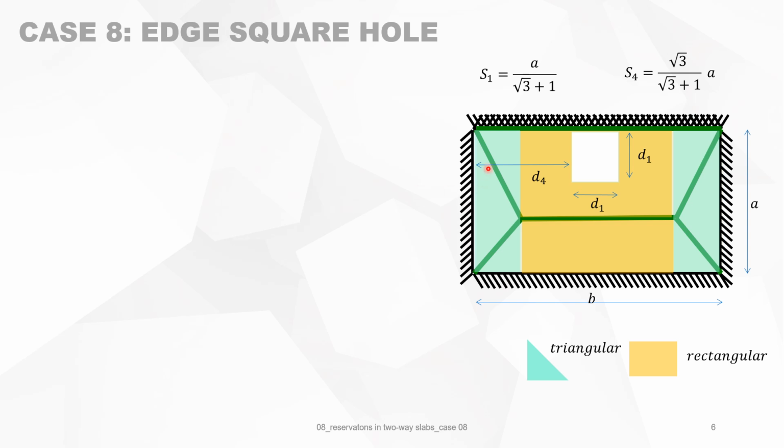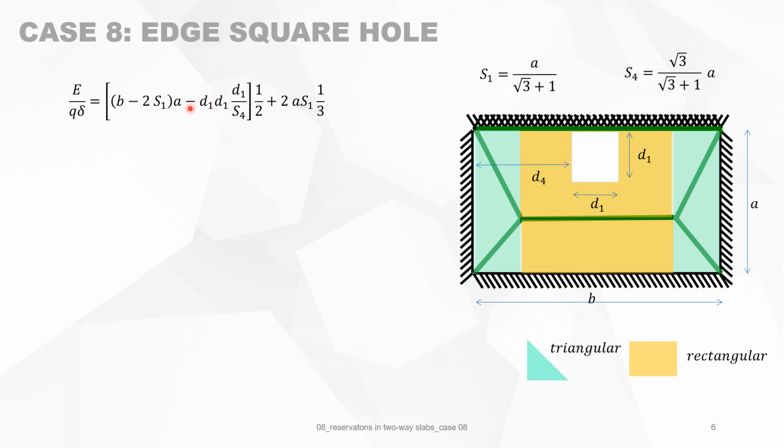Now let's calculate it. We look at the different areas made up by triangles and the areas made up by rectangles. We calculate the work done by the external loads, and we use E_X, which means Q times delta. Then we look at the rectangular portions, which are the orange ones. So then you have this dimension, B minus 2 times S1, both sides it's S1, times, of course, A. And we subtract this part where the reservation is.